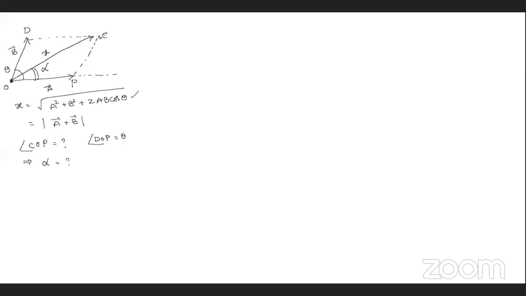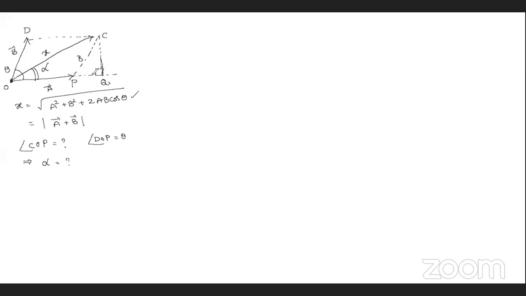Sir, simple. You just drop a perpendicular like this. This is a perpendicular, and it has the magnitude B. Suppose I give the name Q here. B is resolved into two components. Will anybody give the values of PQ and CQ?